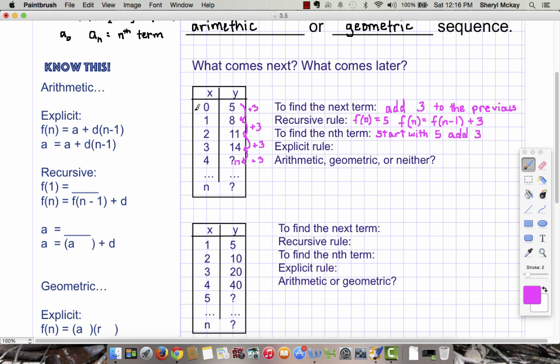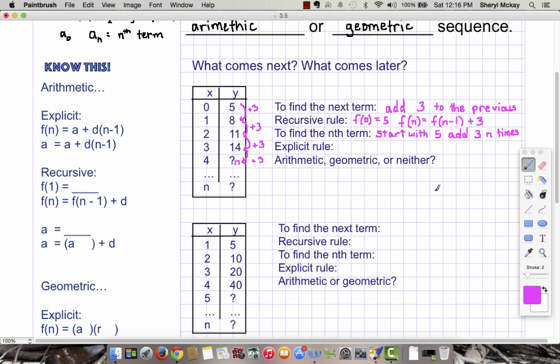To get to the first term, I added 3 once. To get to the second term, this is a little confusing with this 0 here, I realize that. But to get to the second term, or when x was 2, I had to add 3 twice. So in this case, when I have a 0 term, I don't always have a 0 term, but in this case, when I have a 0 term, I just have to add 3 n times.